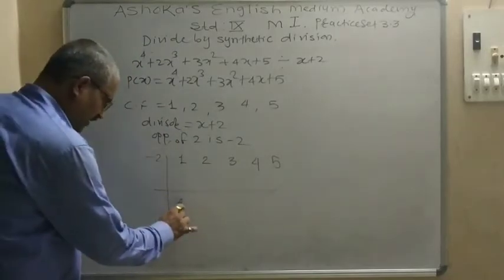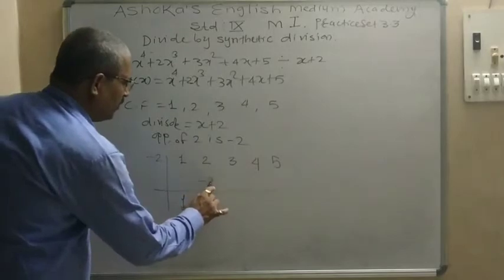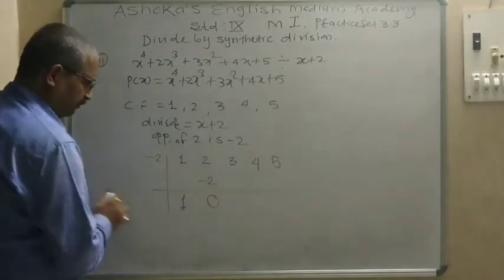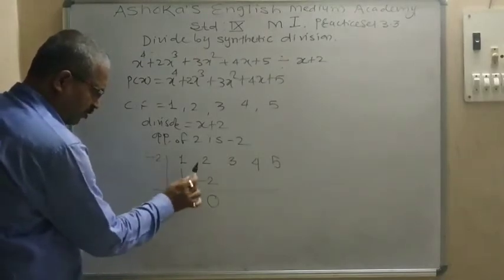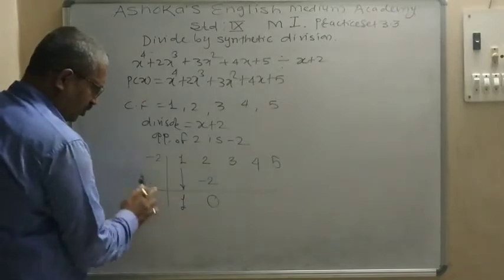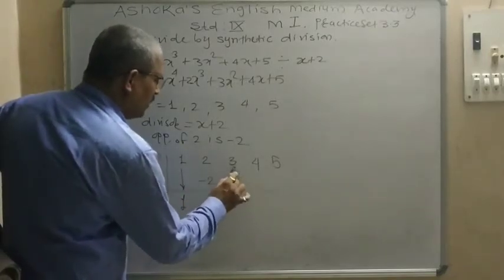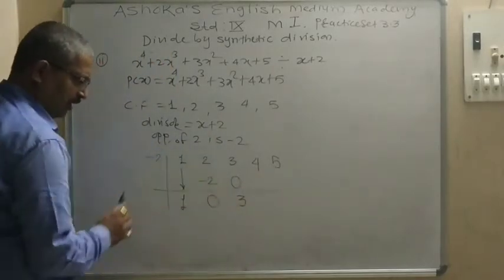Now this 1 is taken down. 1 into −2, −2. Now 2 minus 2, here it is 0. This 1 as it is down. 1 into −2, −2. Plus 2 minus 2, 0. −2 into 0 is 0. Then 3 is remainder, 3 plus 0, 3.